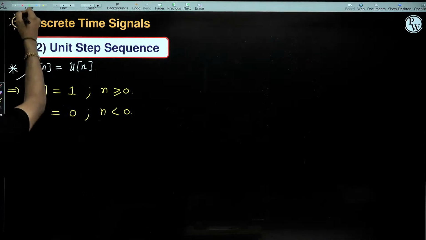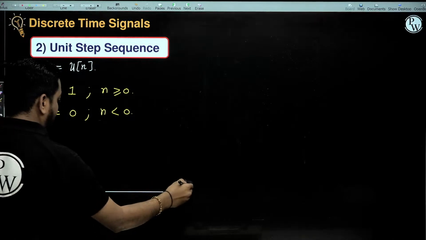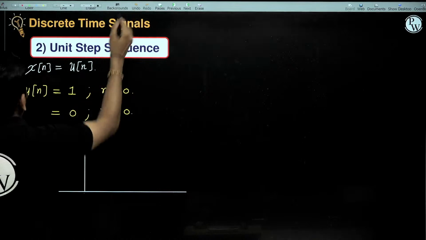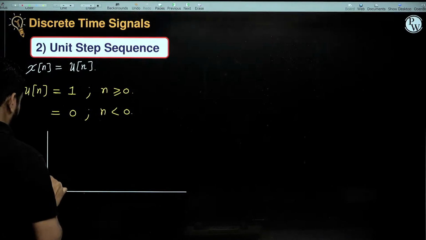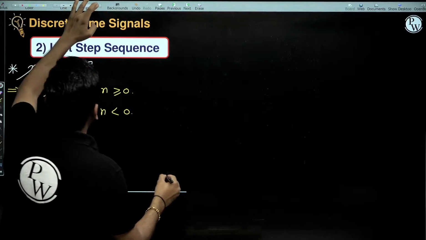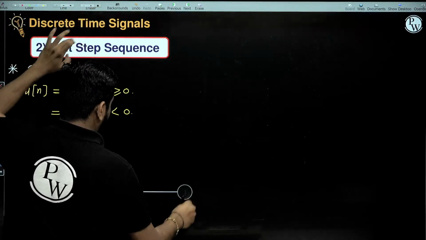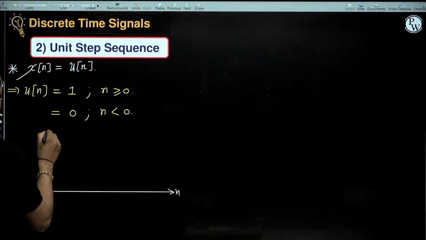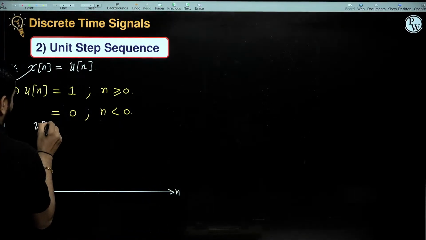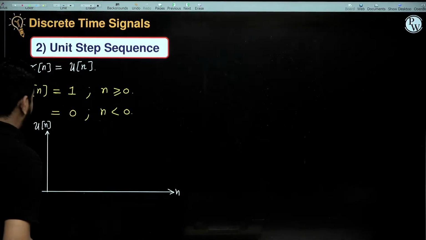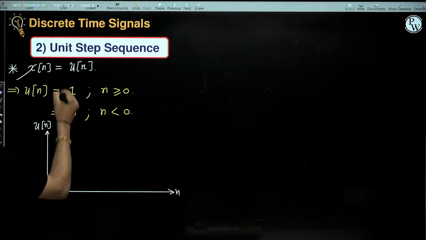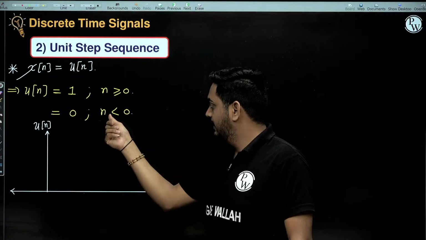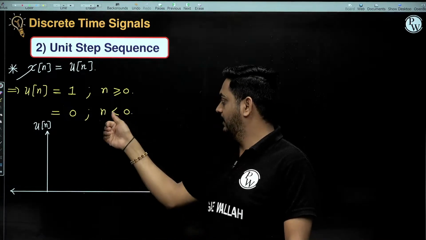Now how to represent this graphically. For n less than 0, what is the meaning of n less than 0?